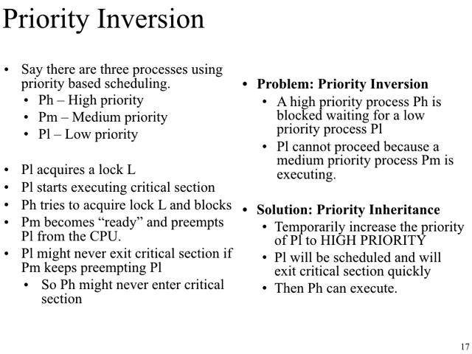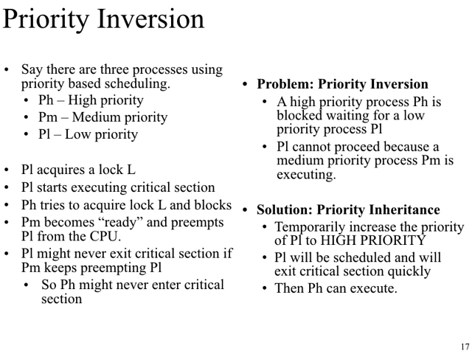Now PH, which is executing concurrently, wants to access the shared resource, so it tries to acquire lock L, but L is already acquired by PL, so PH has to block.